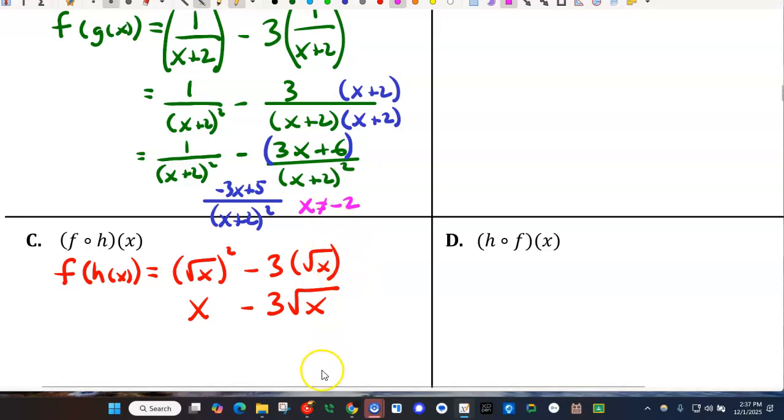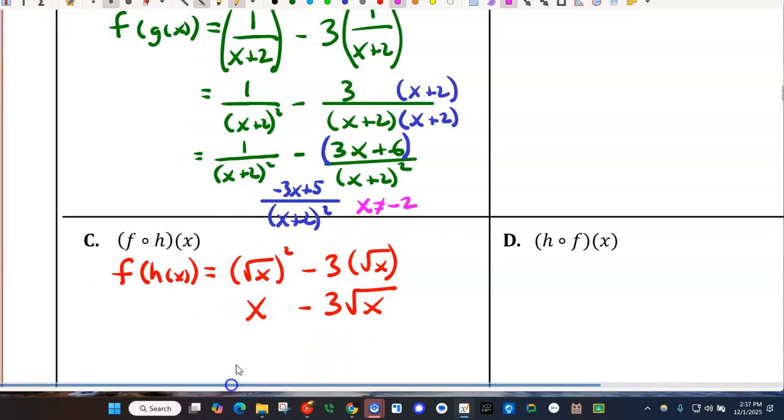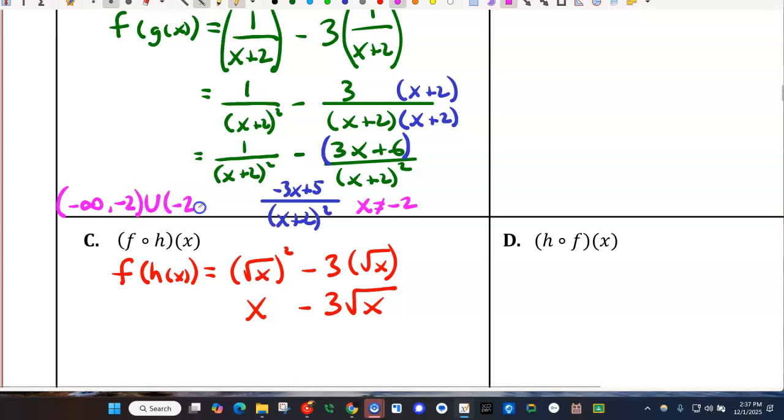So if x can't be -2, and that's the only number it can't be, how do you write a statement that says everything but -2 is okay? So everything would be from -infinity to -2, and then everything from -2 to infinity, right? That's the same thing as saying just everything but -2. All the numbers except -2.